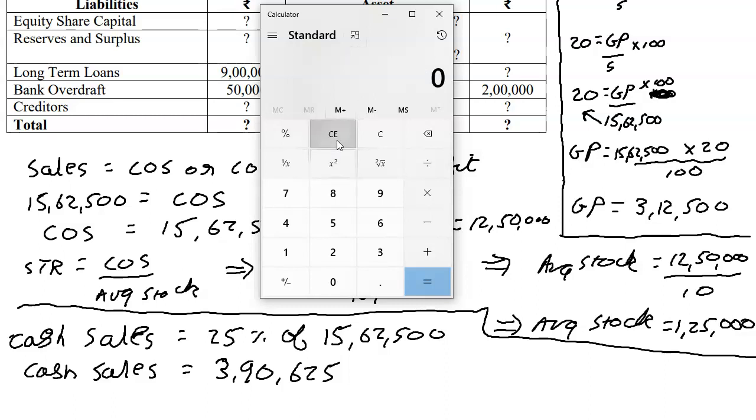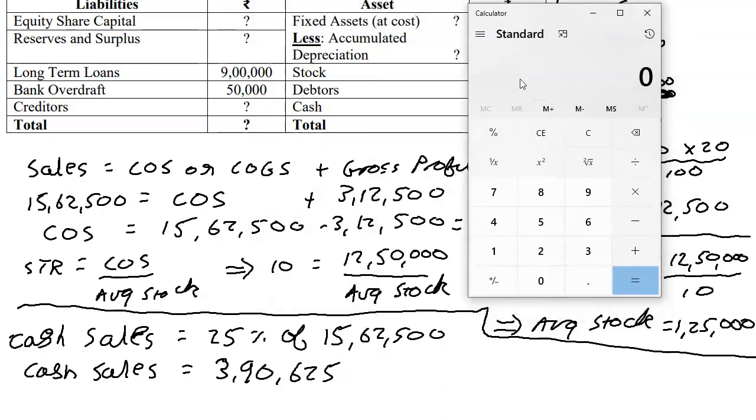Next we have credit sales. If we've got ourselves cash sales, we can simply subtract to get credit sales.